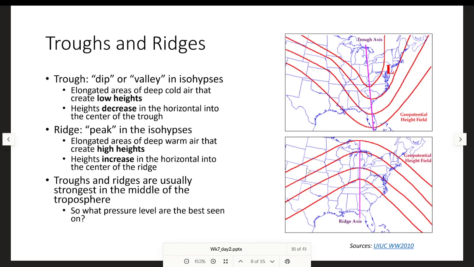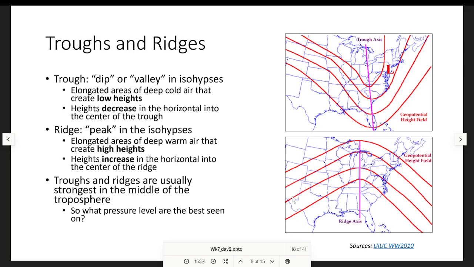The same goes for a ridge. A ridge is more associated with high pressure systems. It's deep, warm air that creates high heights, and the heights increase in the horizontal to the center of the ridge. So you literally have this mountain of air that is highest at the peak of the ridge, steadily increasing.